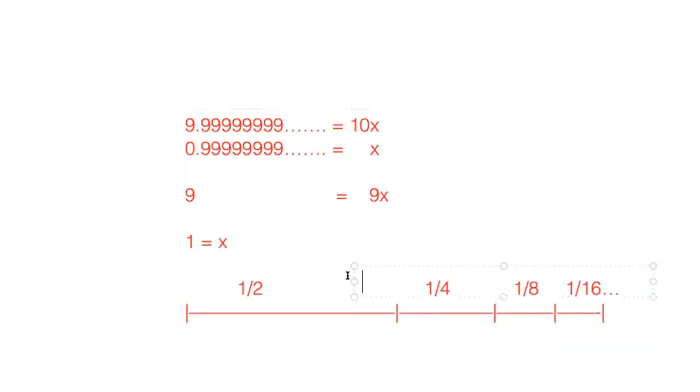The sum of this, we say, is equal to 1, because really what it is is the limit of all of the sums.